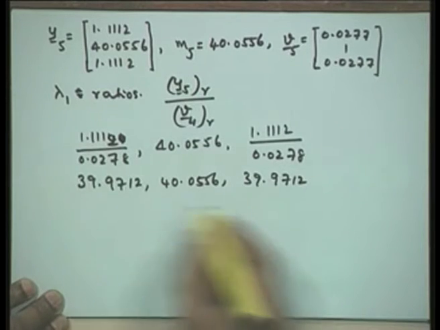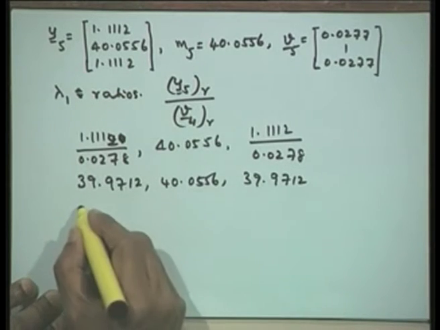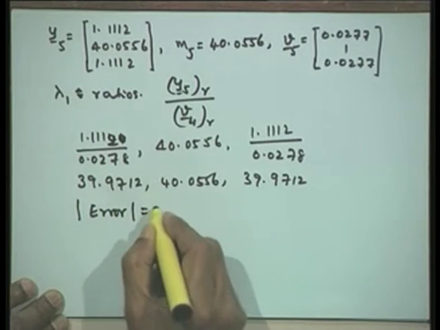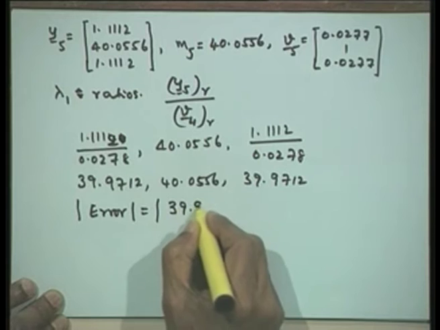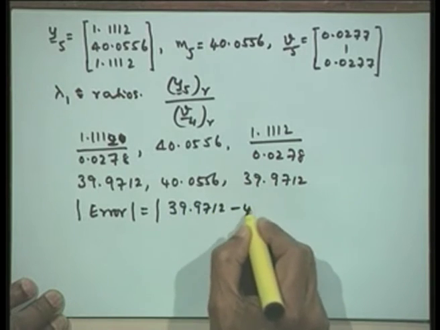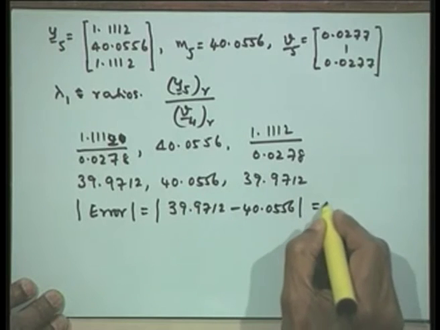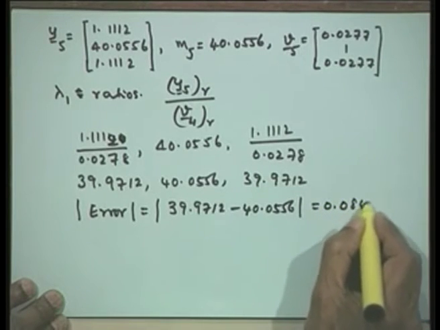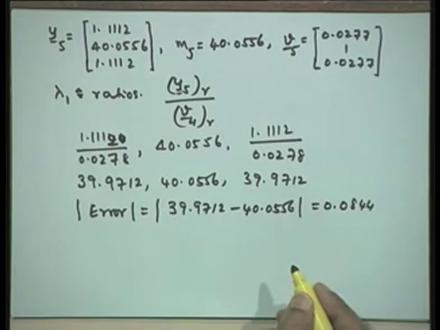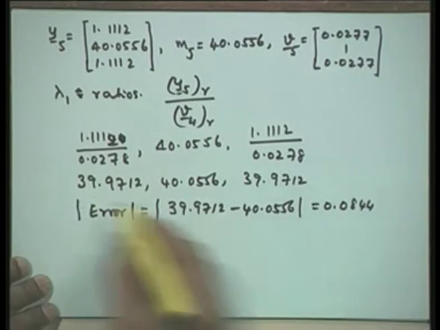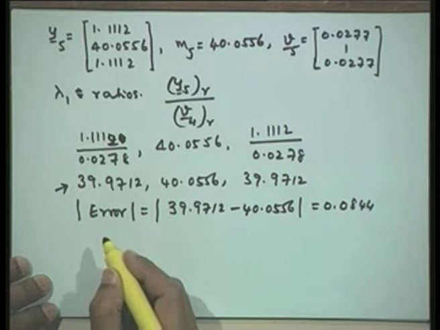Now, I can find what is the error between these values. So, I can find out error, magnitude of the error is 39.9712 minus 40.06, that is approximately 0.844. Therefore, to this error we will take the largest eigenvalue as this.